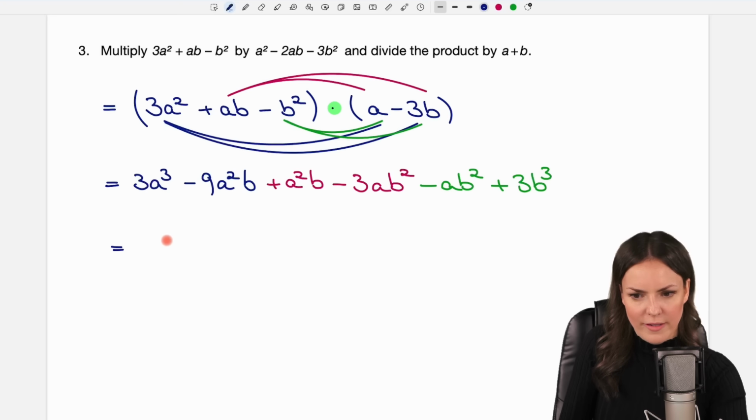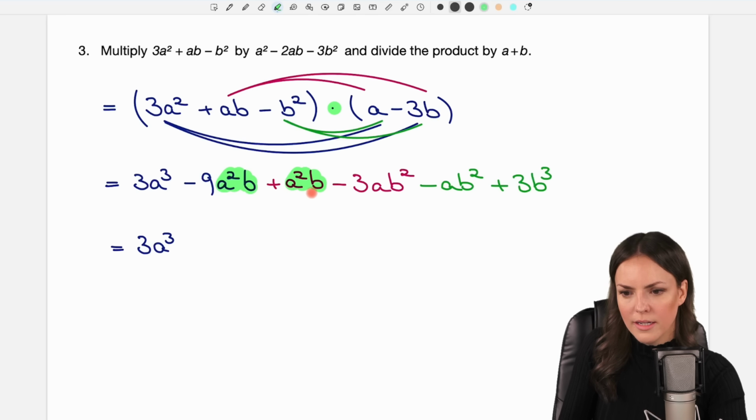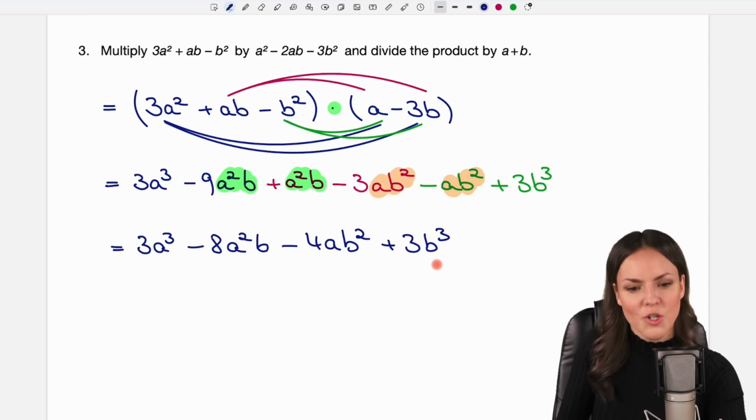Let's try to simplify this. 3a cubed, there is no 3a cubed or a cubed in here, so we only have 3 of these a cubed. Then a squared b is here and here, so negative 9 plus 1 of these equals negative 8 of these expressions. Then ab squared is here and here, so negative 3 of them minus 1 of them equals negative 4 of these orange expressions, and then we have the 3b cubed, and this is all we can do.